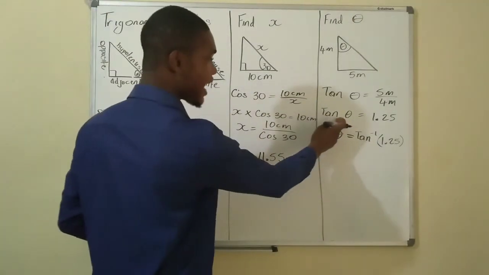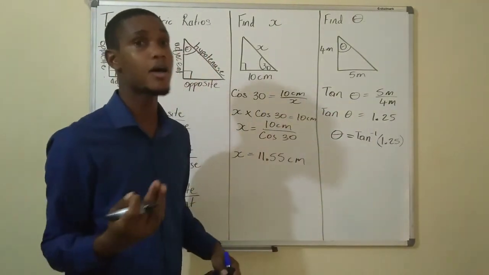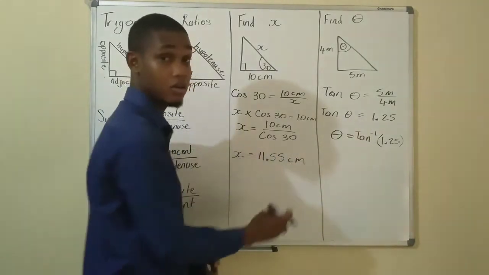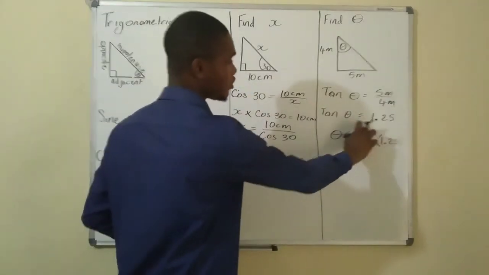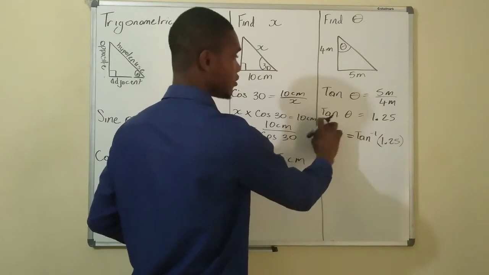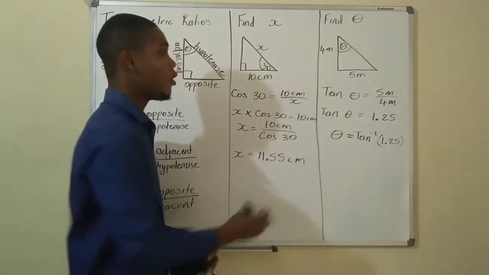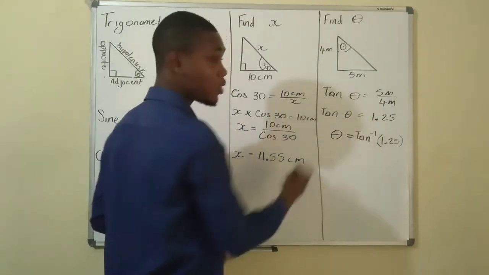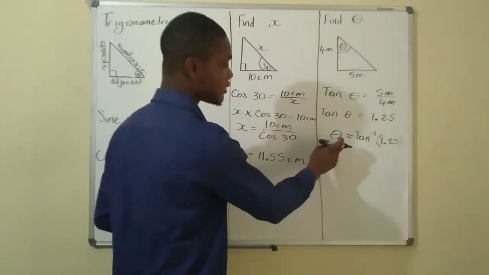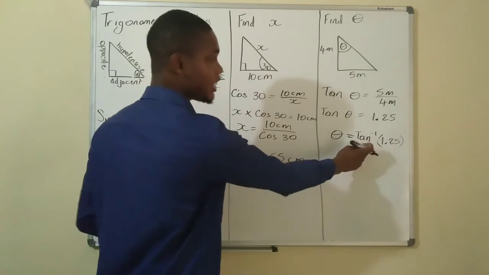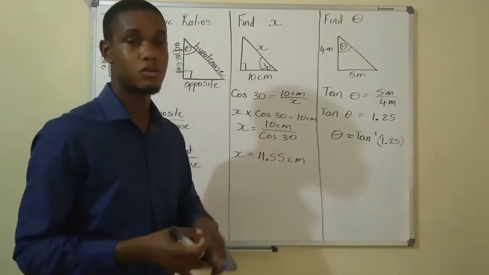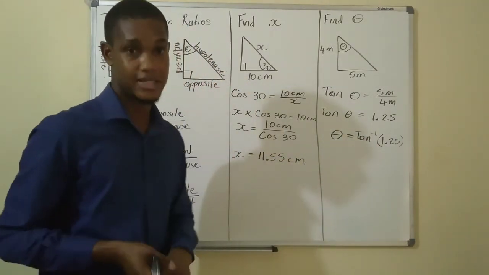Once you are trying to find an angle and you get to this step where the tan, sine or cosine of the angle is equal to a single number, you'll always write the angle is equal to the inverse of either sine, cosine, or tangent.